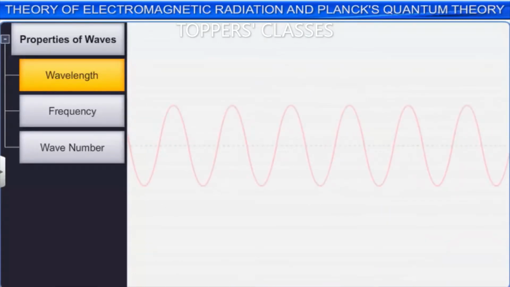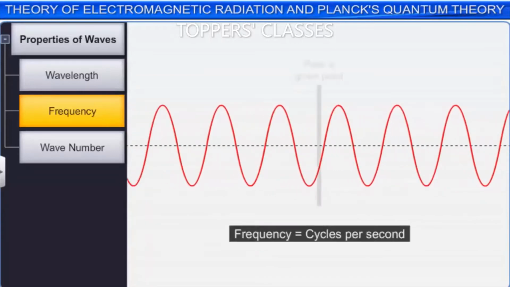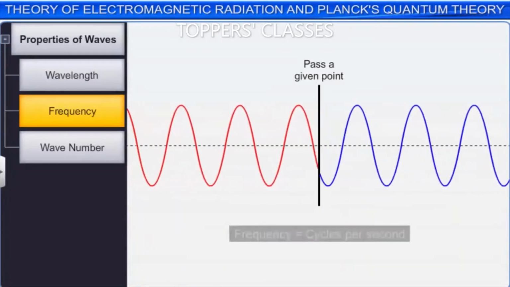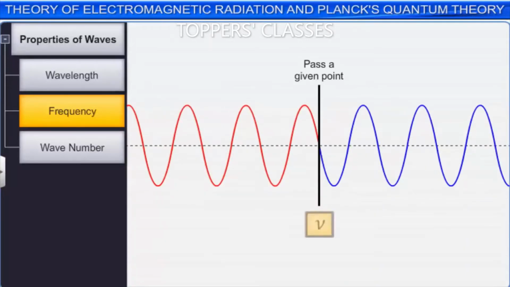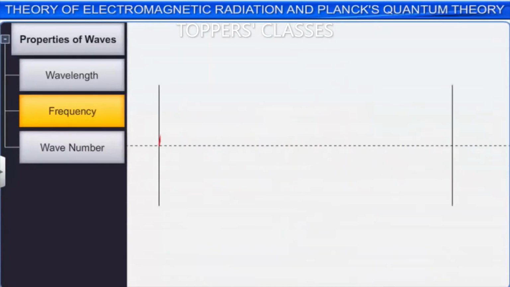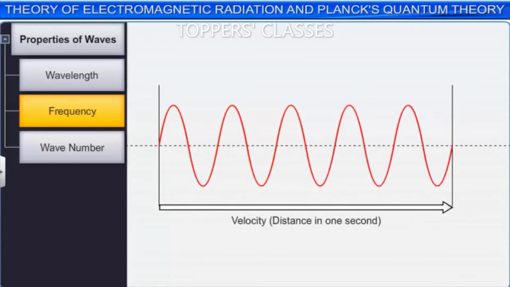The next characteristic of a wave is the frequency. Frequency is the number of waves that pass a given point in 1 second. It is denoted by the symbol nu and is expressed in hertz. Velocity of a wave is defined as the distance traveled by a wave in 1 second.